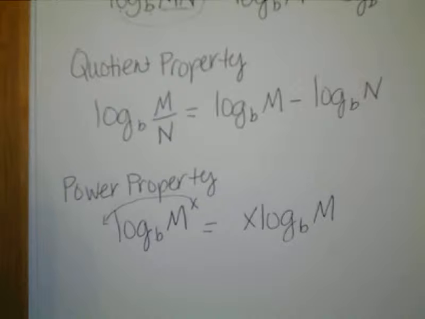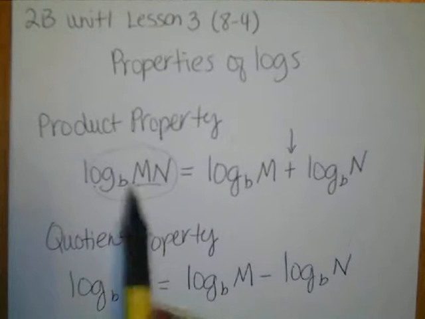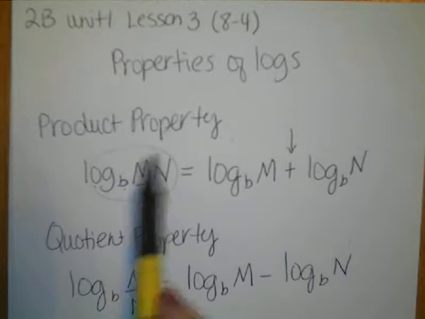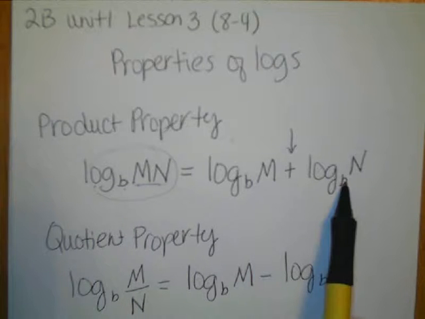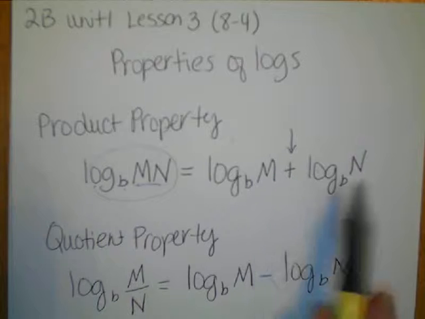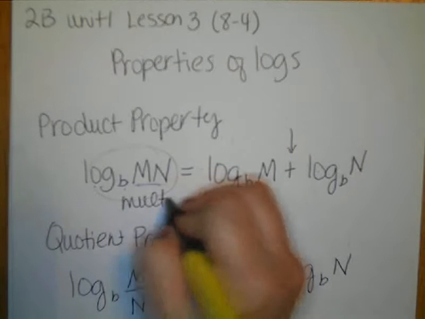In this section, you're just going to be using all these properties. Again, let me repeat this. You're going to take one single log where two things are being multiplied and turn it into two separate logs with the same base, but they're being added. So I went from multiplication to addition.